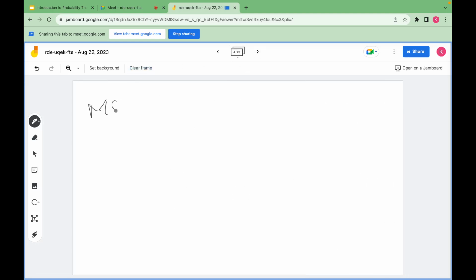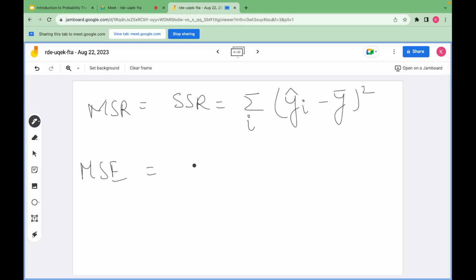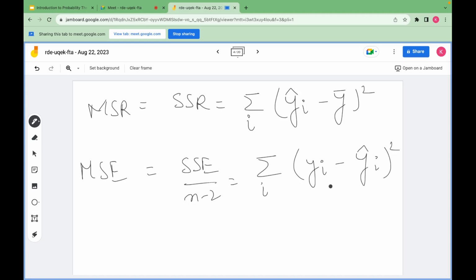So this MSR is SSR, which is the predicted y value's difference with the average, whole square. MSE is SSE by n minus 2, which is actual value minus predicted value whole square divided by n minus 2.